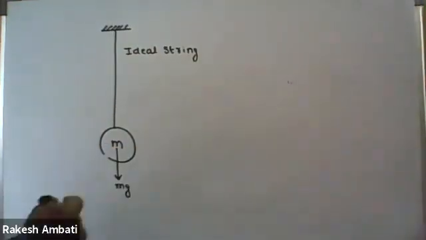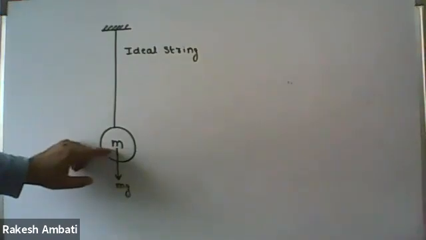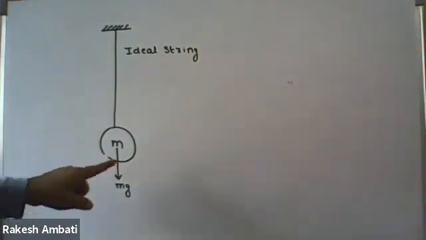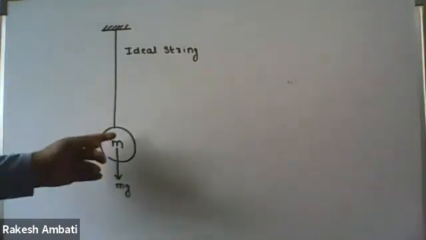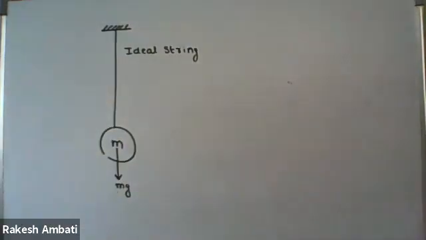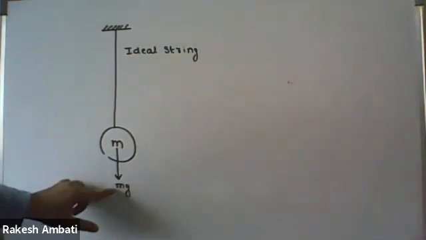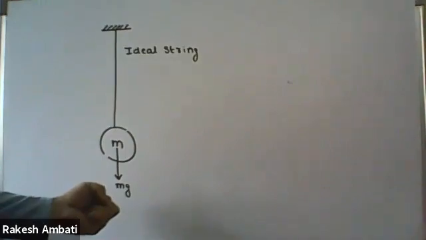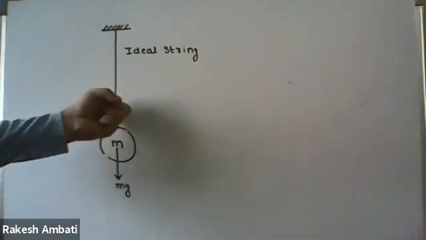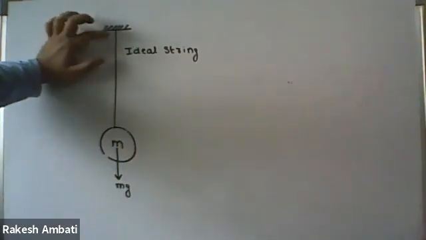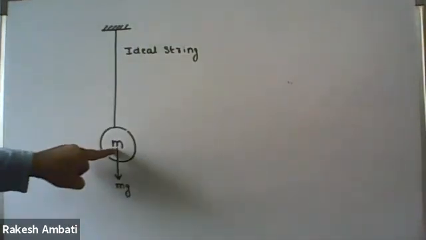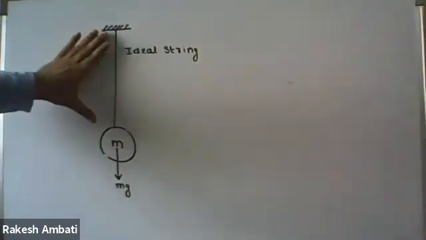That means because of weight, because of the gravitational force, it is trying to pull this object downwards, correct? If this object moves downwards from its point of support, what about the string?